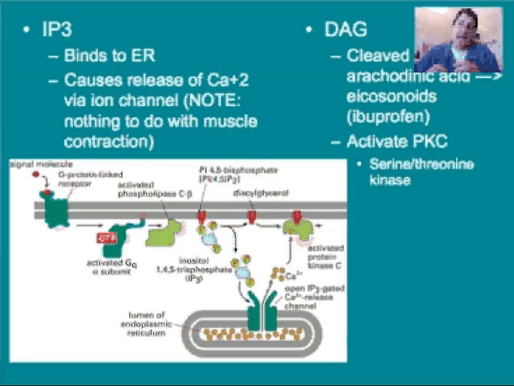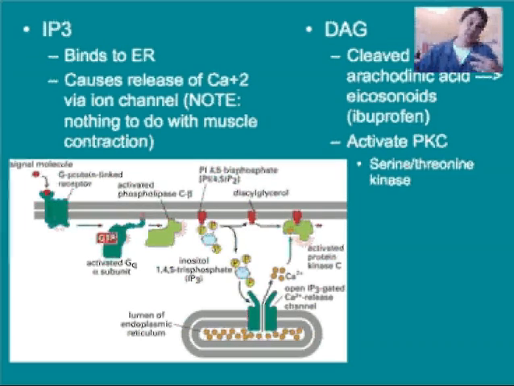It binds to a calcium channel on the ER, and it causes the release of calcium from the reticulum. The reticulum can either be the smooth ER or the rough ER. Sometimes it's called the sarcoplasmic reticulum, depending on the cells. This is not the same thing as the activation of the sarcoplasmic reticulum in muscle cells. This is a different activation mechanism, completely separate, nothing to do with muscle contraction.